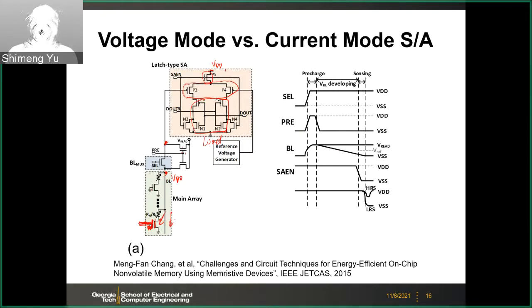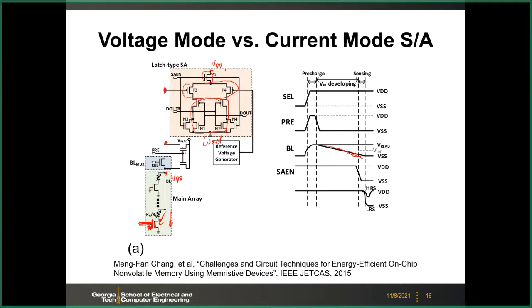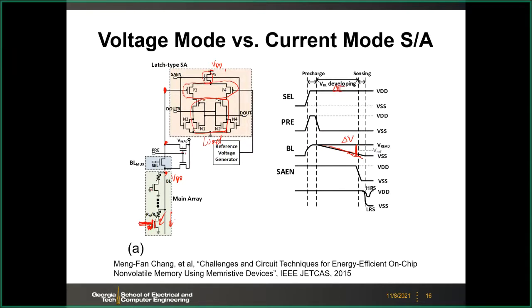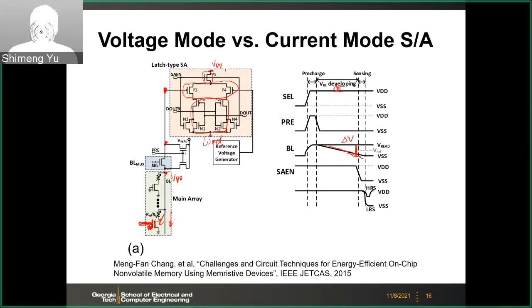Then here the voltage decay can be slow or can be fast. If you have large current, then you will decay this voltage faster. And then again, you create this delta V after some time, delta T. And after that, this voltage is already lower than the other reference.